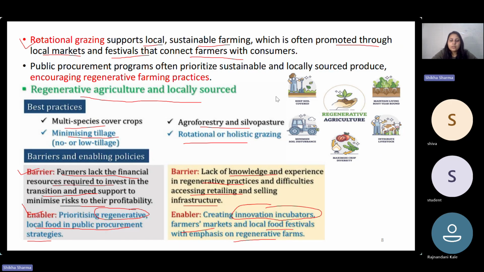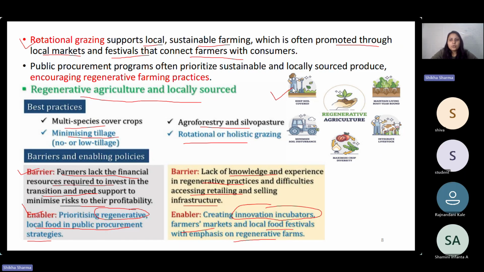So this regenerative agriculture basically includes that the soil should always be kept covered. So minimize the soil disturbance and maximize the crop diversity so that all the crop benefits can reach the soil nutrition, and maintain living roots year round, and integrate the livestock also so that the manure can be obtained and the soil health can be attained properly.